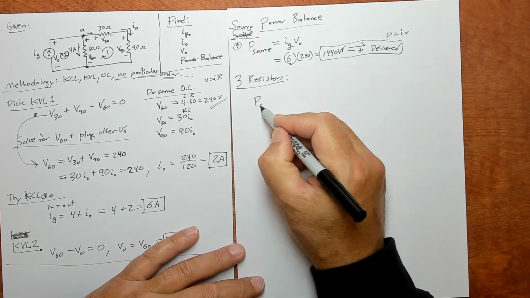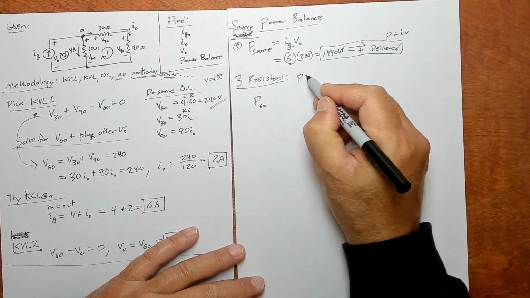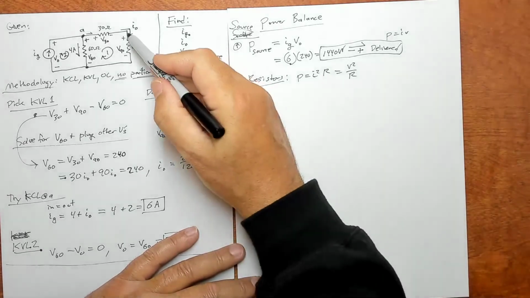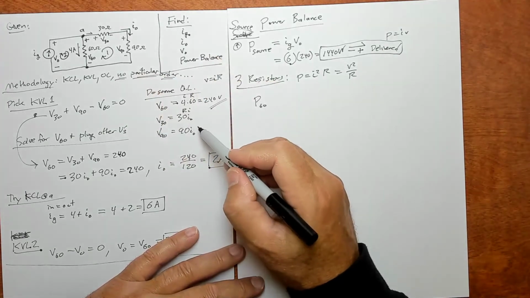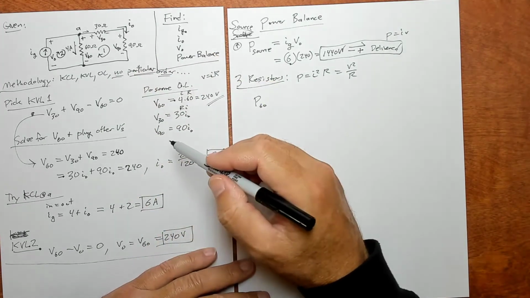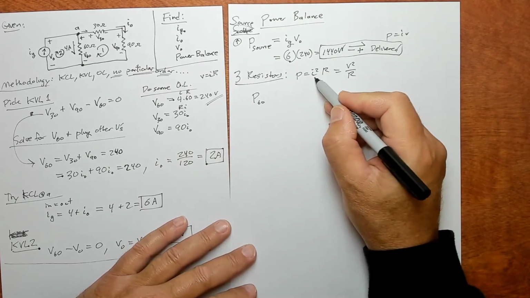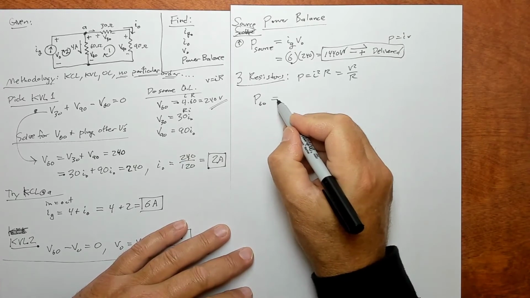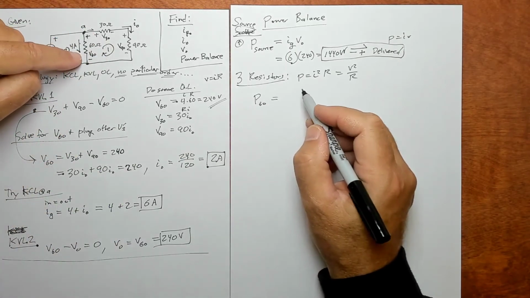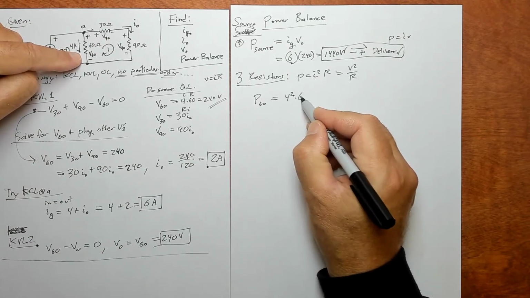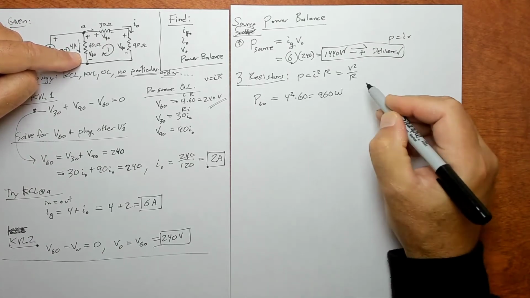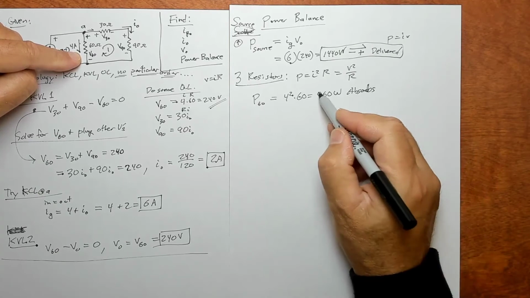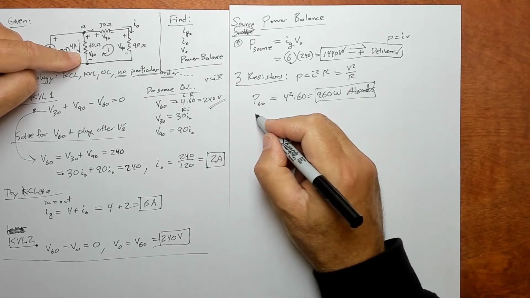You could use P equals I squared R, or V squared over R. We have some of these V's, and we could get the others, but we have I and R, so I squared R is the most convenient. The 60 has 4 amps in it, so it's 4 squared times 60. It's going to be 960 watts, and it's always absorbed because it's a resistor. That's what resistors do.